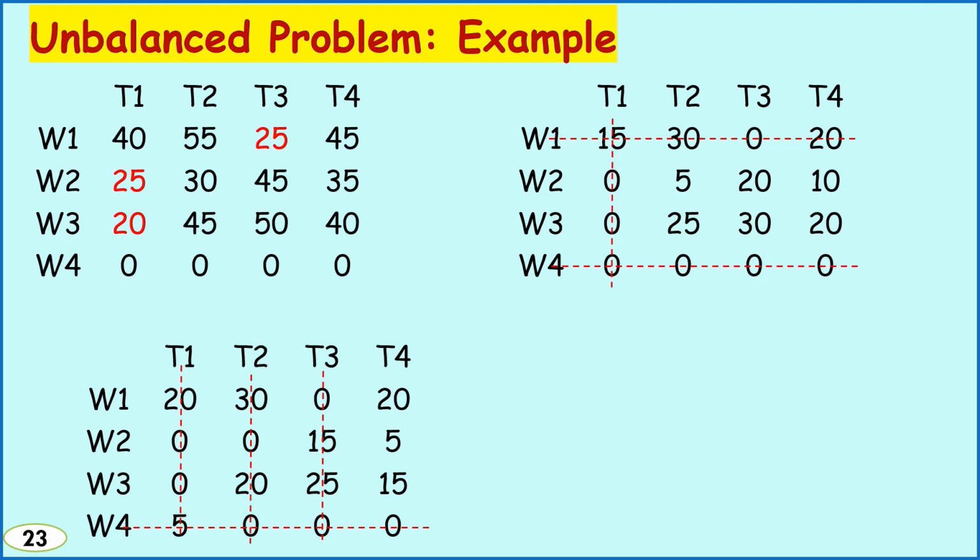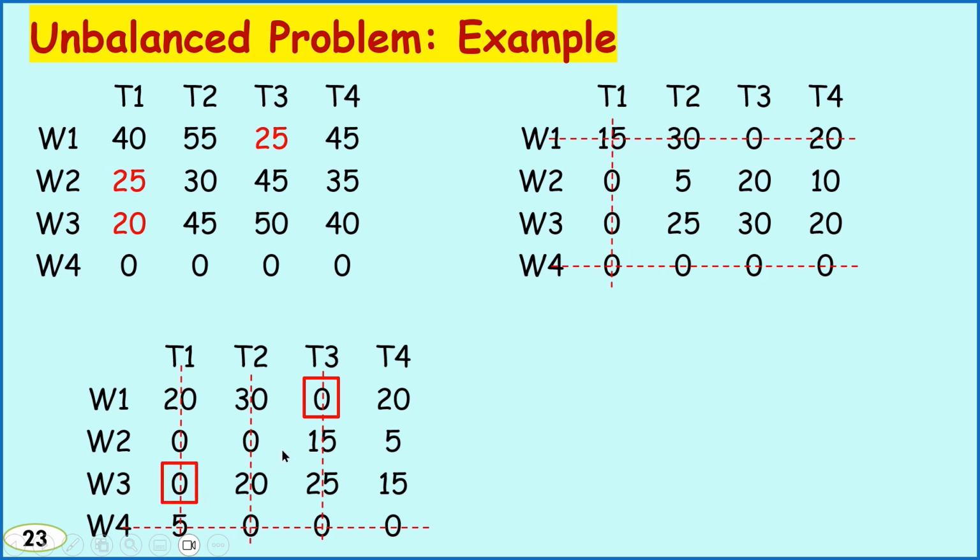Now again, how to assign the tasks? You go to the first row and there is only 1 zero, so you assign task 3. For worker 2, there are two options. We can assign task 1 or task 2. So go to the next row, worker 3, we can assign only task 1, so you assign there.